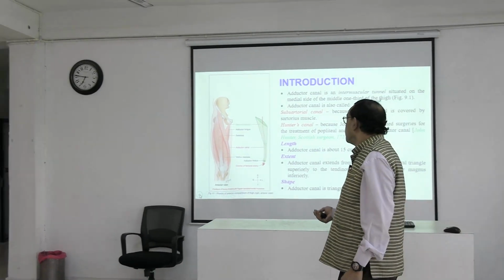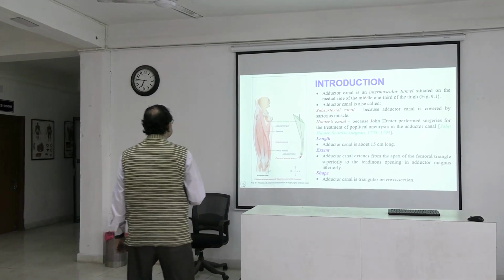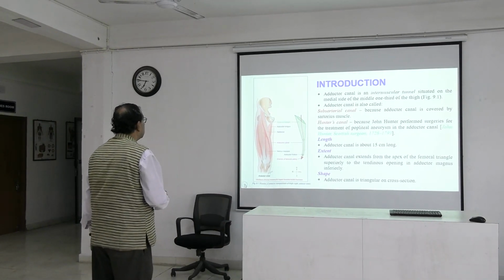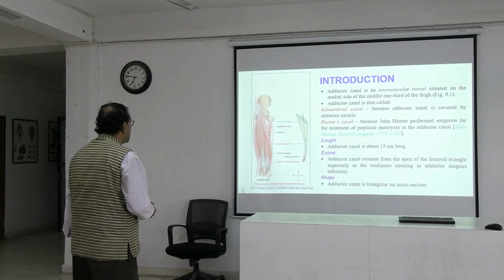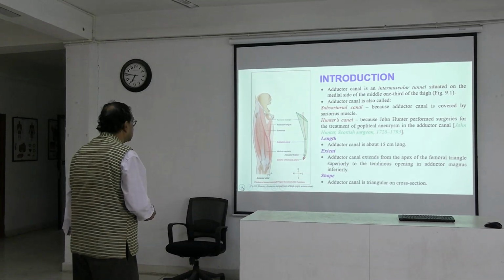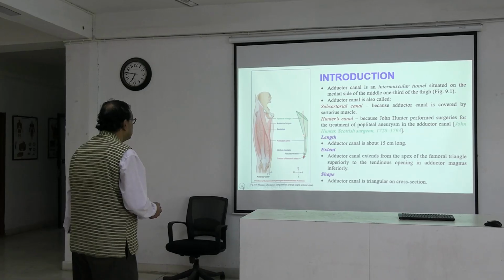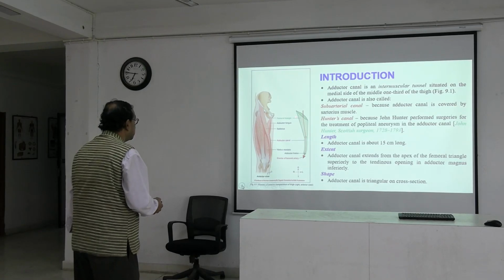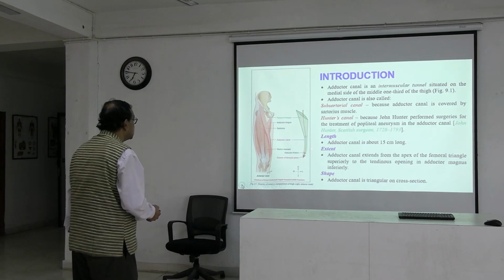So, here we can see this is the femoral triangle, already we know, and this is the sartorius muscle. This is the apex of the femoral triangle. From here the adductor canal actually starts, and this is the canal, and it ends in the adductor hiatus.